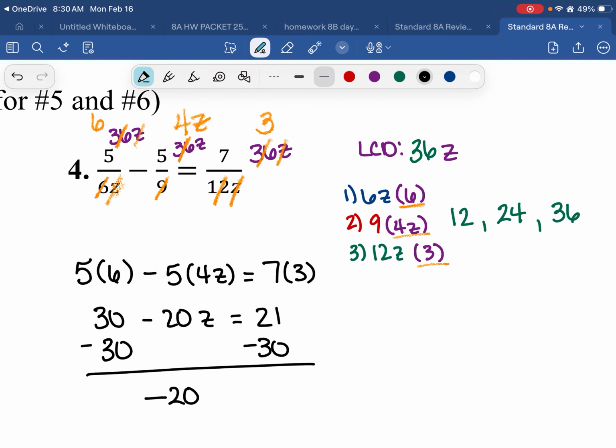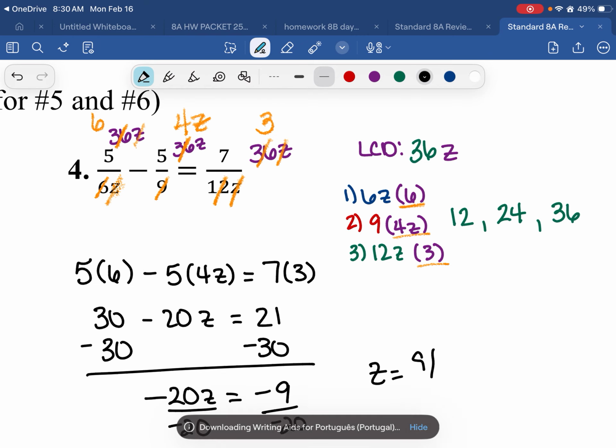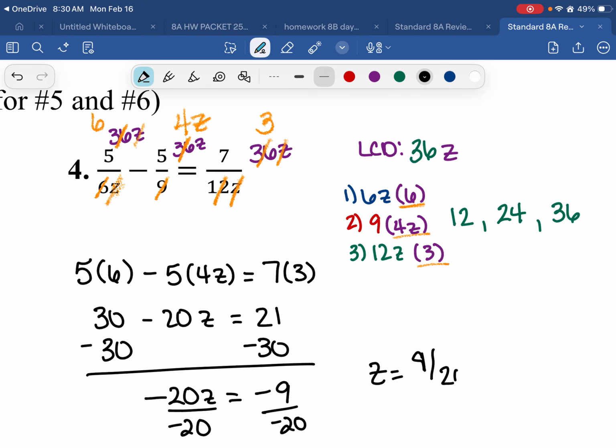Negative 20Z equals negative 9. Divide by negative 20. Z equals 9/20, and I can't simplify that anymore.